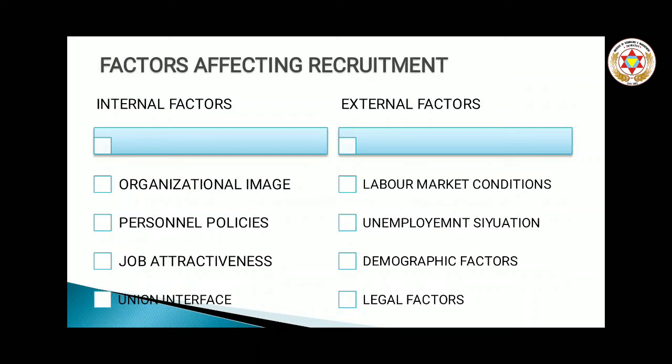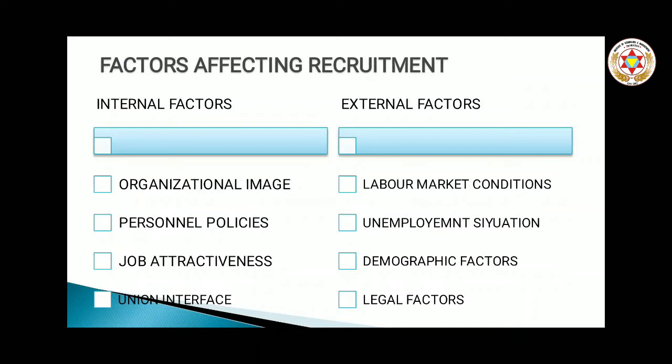External factors: labor market condition, that is the demand and supply of human resource for the organization. Unemployment situation: if unemployment is high, then the recruitment response is always high and the maximum number of people will apply. If unemployment is low, then fewer people will apply. Demographic factors, that is age, gender, occupation, then technical requirements, we can say education.